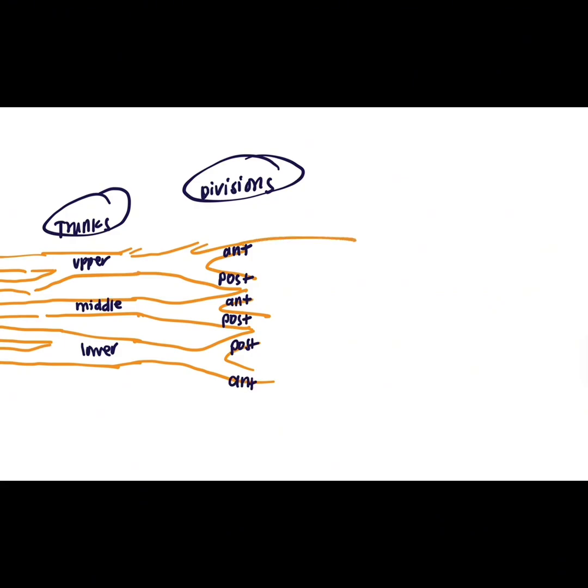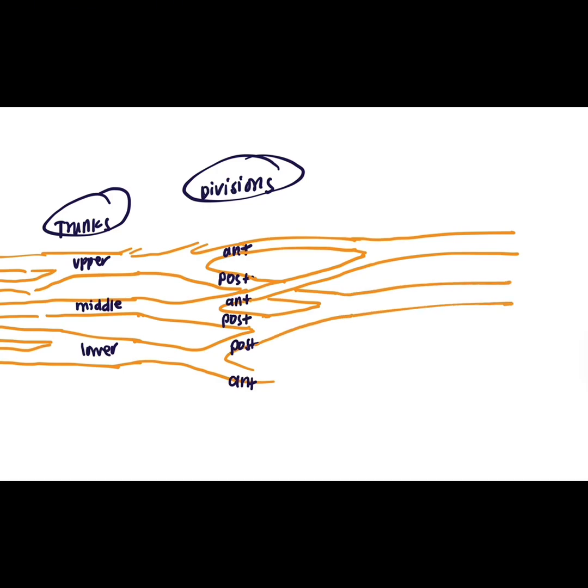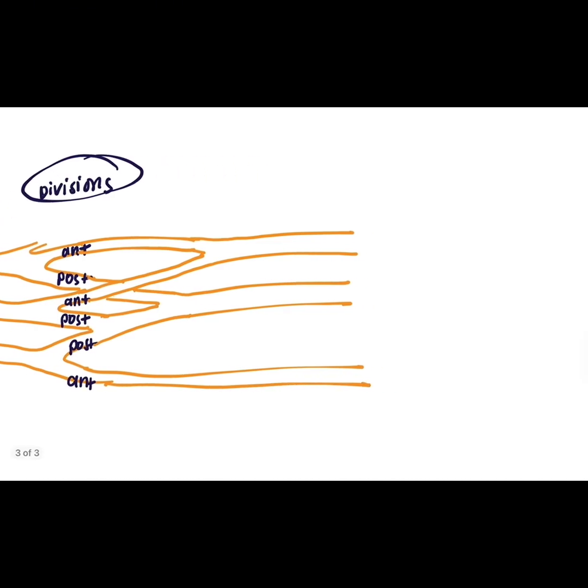Now, for the anterior division of the upper trunk and the middle trunk, they will combine together. Again, anterior division of the upper and the middle trunk will combine together. And all the posterior divisions of the upper, middle, and lower will combine and become one. And the anterior division of the lower trunk will go on a solo trip.